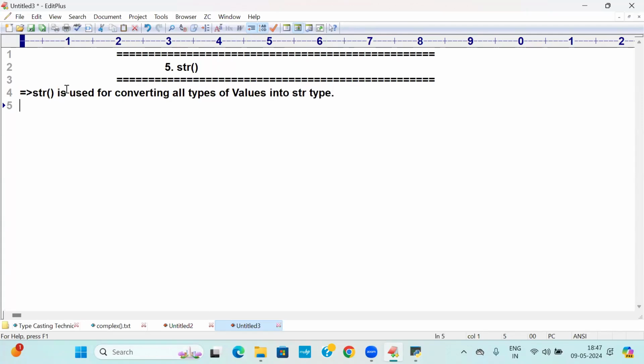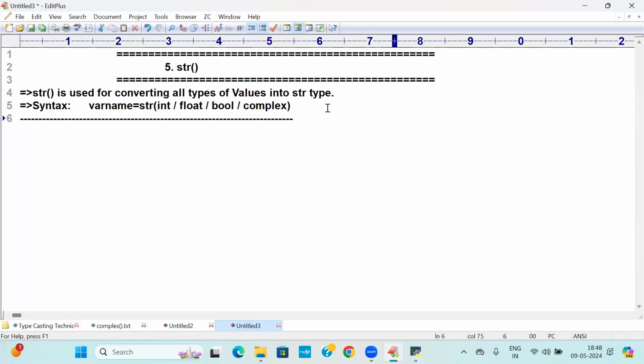It will convert everything into str type. What is the syntax here? Very useful syntax: s is equal to str of int, float, bool, complex. And of course, str is str only, nothing to bother about. Are you able to follow, students?